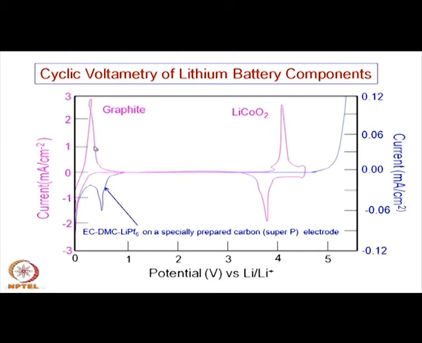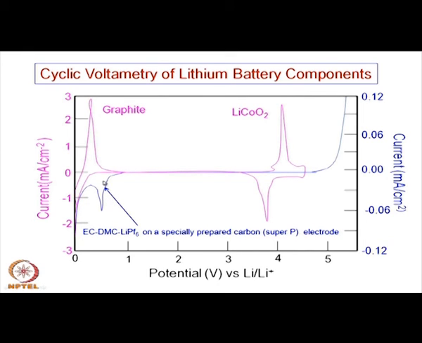So, this is for the graphite. It is the intercalation and deintercalation, and this is the reversible lithium cobalt oxide reaction. One takes place at a much higher voltage, and this takes place at a much lower voltage, the graphite intercalation.